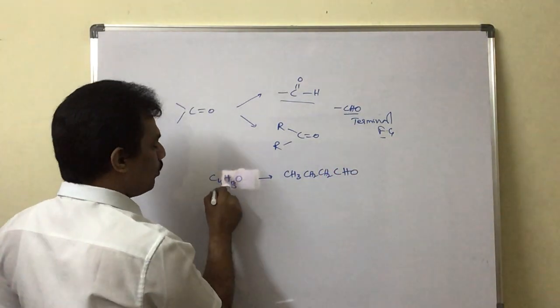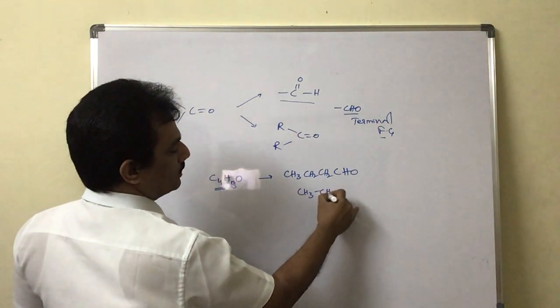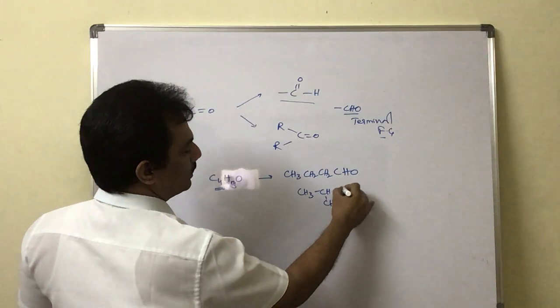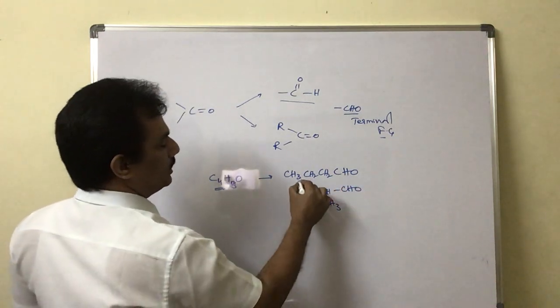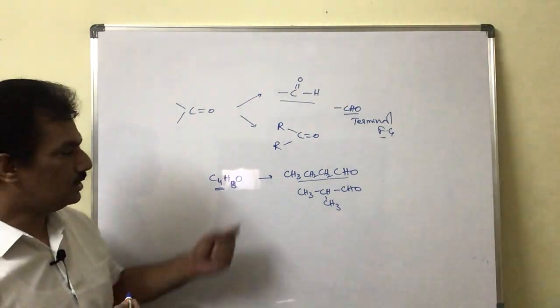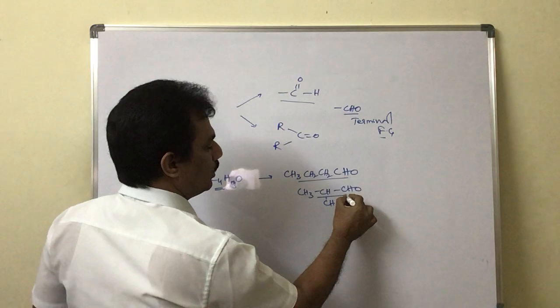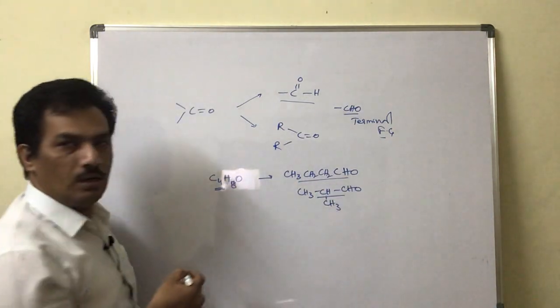This is with 4 carbons. Now this can also be written like this: CH3, CH, CH3, CHO. In the first case it has 4 carbons in the main chain, hence it is butanal, and in the second case it is 2-methyl propanal.